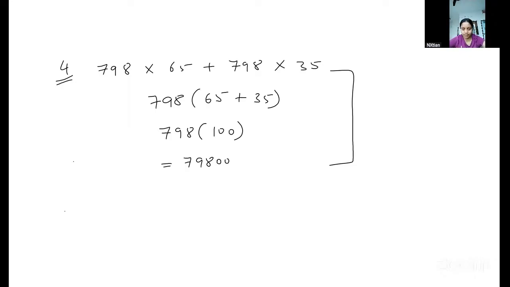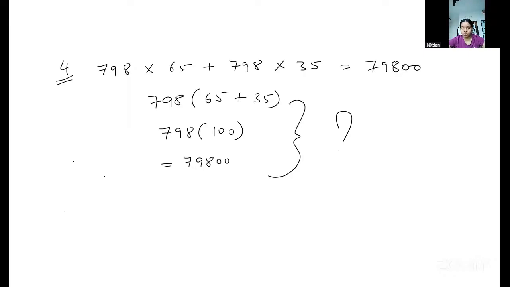So next time when you have such questions, no matter how simple, you have to show how you got the answer. If you just copy the question and write equals 79800, this part is missing.